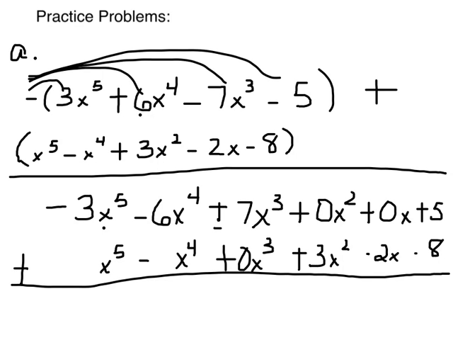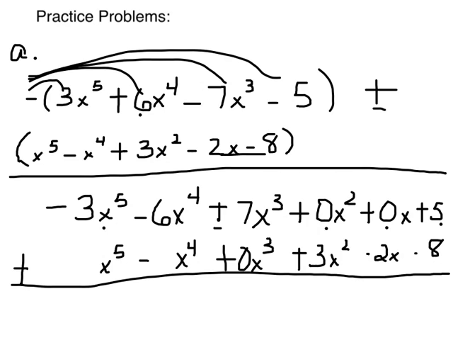There are no x squareds and no x's, so I'm going to put placeholders in there with 0 and 0, and then positive 5. Alright, and then here, this is a plus sign, so all of these terms would stay the same, and I'm going to add them up vertically where they belong, and then I'm just going to add.